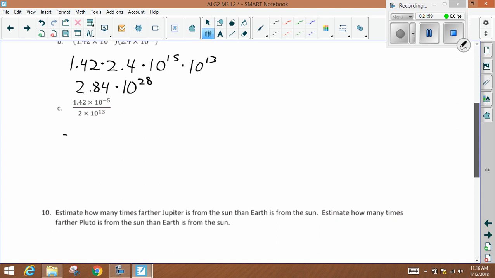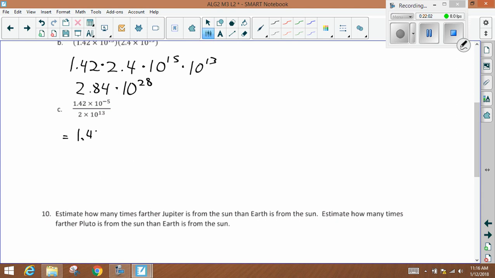Alright, this one I'm going to split it up and call it 1.42 divided by 2 times 10 to the negative 5th power over 10 to the 13th power. And 1.42 divided by 2, I apologize, is 0.71.